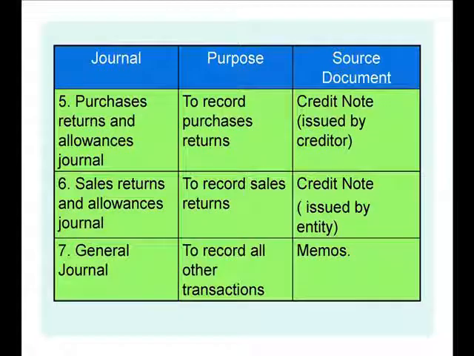Another journal is the purchases returns and allowances journal. We place an order for calculators, and the creditor or supplier has sent us calculators, but finally we found that some of the calculators are faulty. So we are returning these calculators back to the creditor.